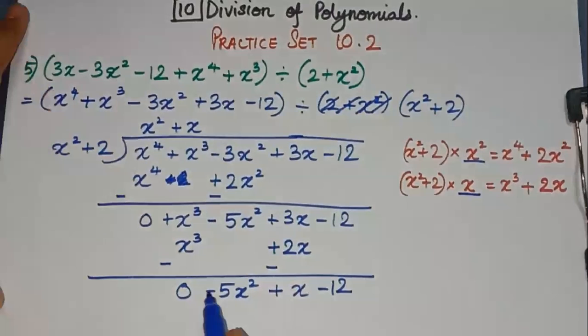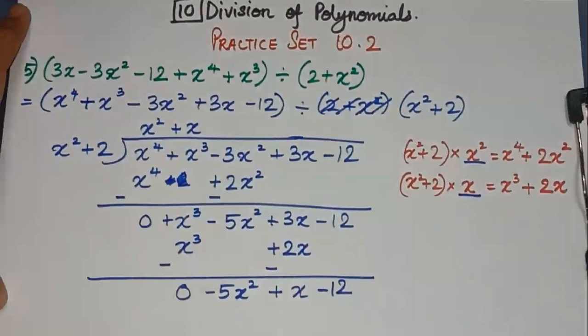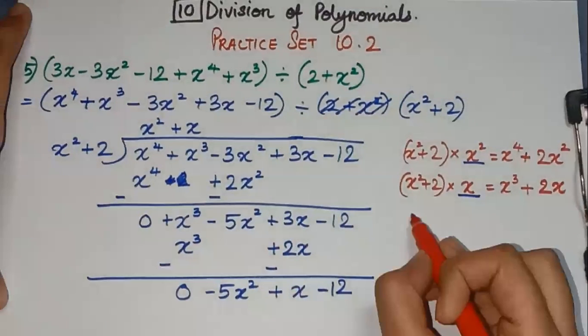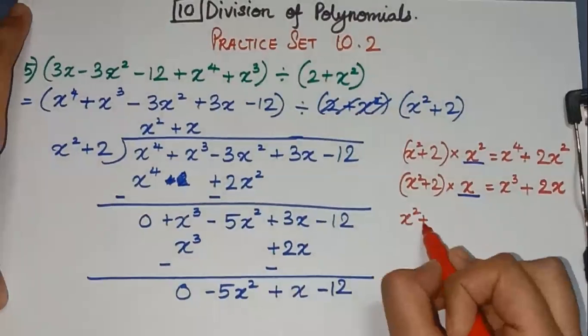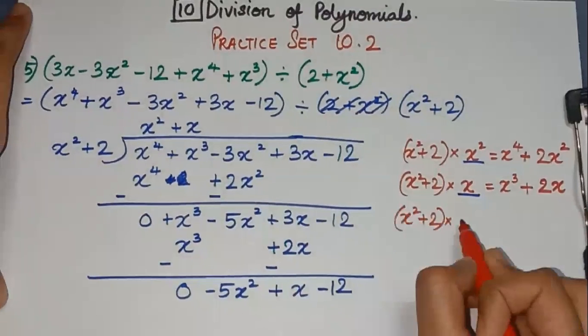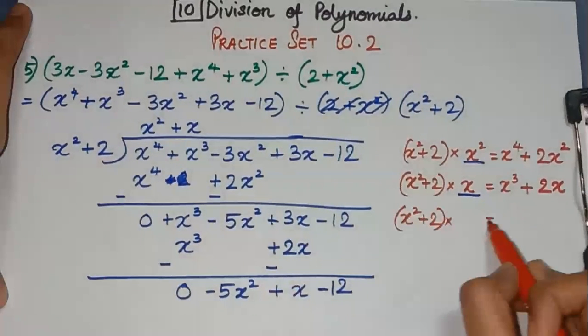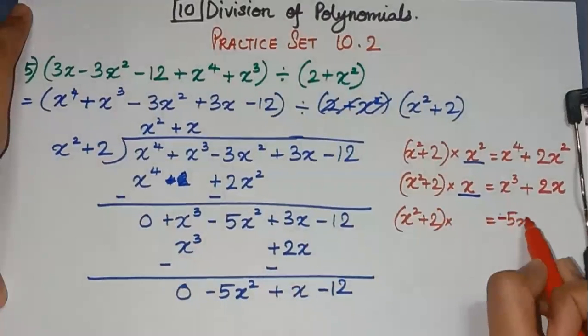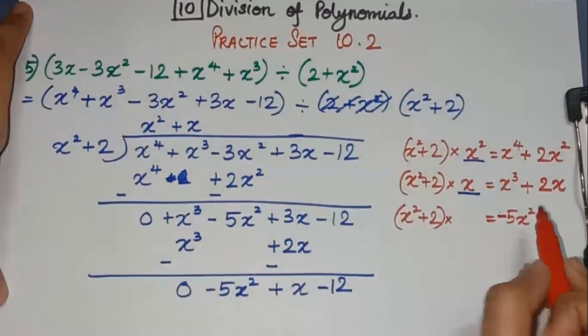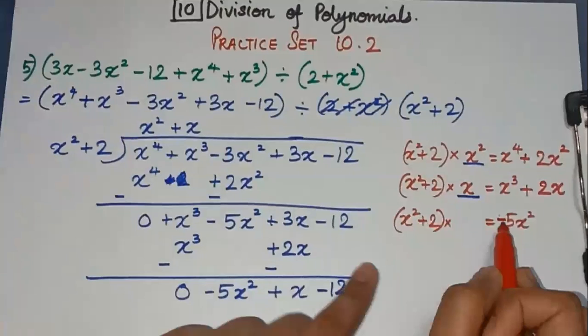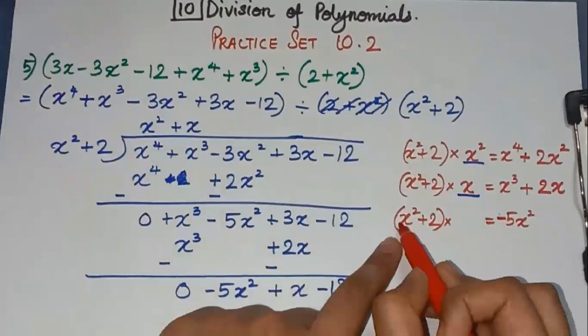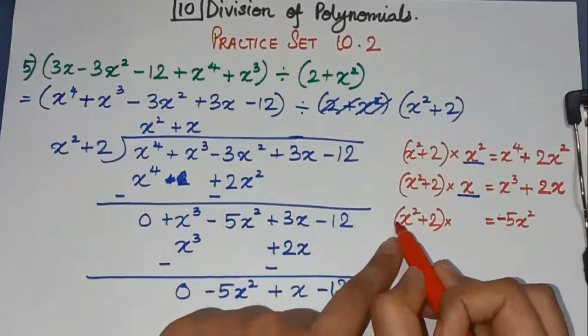Now you need minus 5x square. Okay. So I have x square plus 2 multiplied with something. So I will get minus 5x square. Okay, I need a minus 5. So in order to get a minus sign, I don't have any sign over here. That means I have a plus sign.